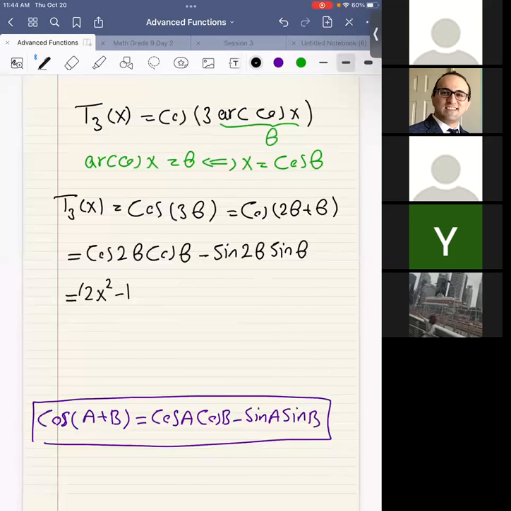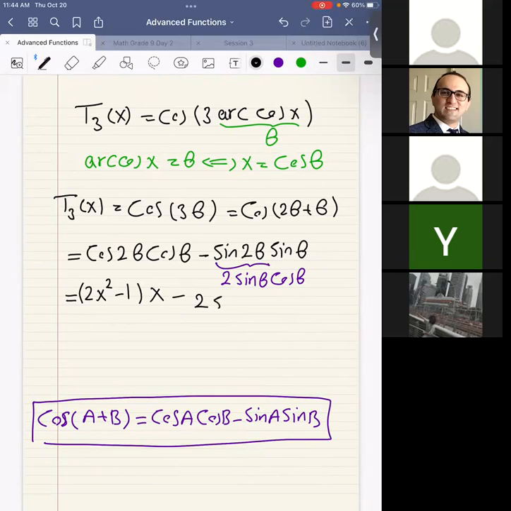And then cosine of theta, by definition, is x, minus, here, what is sine of 2 theta? Sine of 2 theta is just 2 times sine theta cosine theta, right? So here you get 2 times sine theta cosine theta times sine theta.